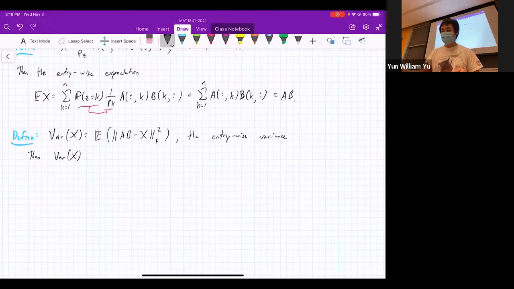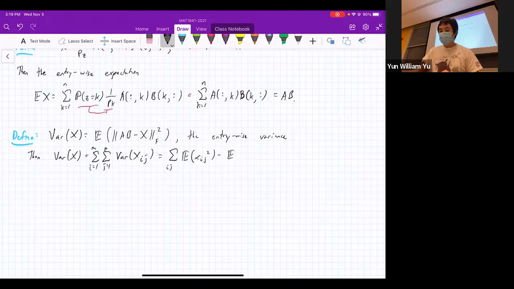So then the variance of X is equal to some double sum for i equals 1 to m and j equals 1 to p of the variance of X_ij. This is by definition, since we're doing this as the entry-wise variance, which is equal to the sum over ij of the expectation of X_ij squared minus the expectation of X_ij, squared.